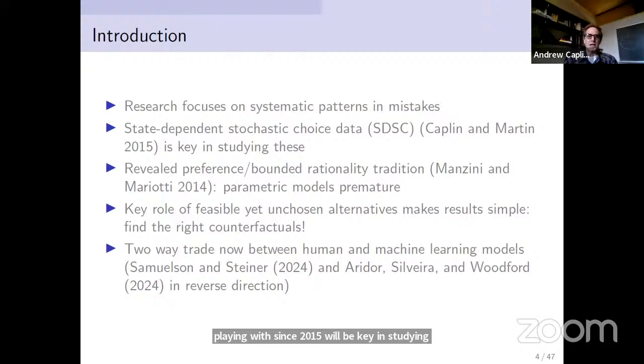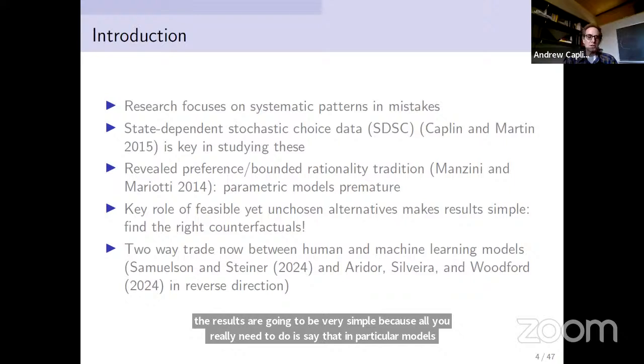We're going to be using revealed preference methods in the area of bounded rationality, in which we're really following up on Paolo and Marco. We think that parametric models are premature until we understand model classes. The results are going to be very simple because all you really need to do is say that in particular models, certain things that could have been chosen were revealed not to be.